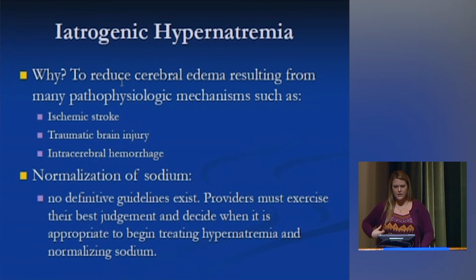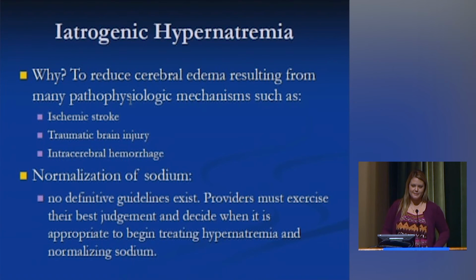Again, it's difficult because there aren't actual guidelines to tell us when we should start lowering somebody's sodium, how we should do it, how quickly we can do it. Sometimes people are afraid when I order D5W on one of my patients to lower a sodium of 160.